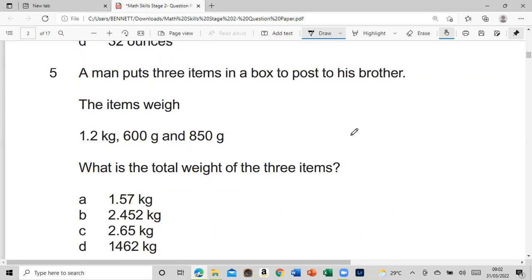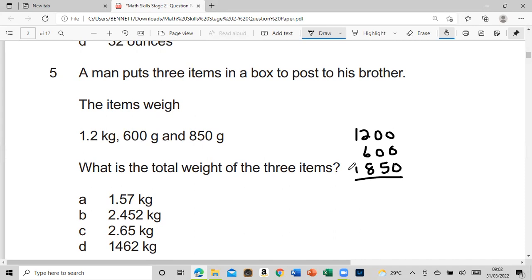Right. So 1.2 kilogram, we just multiply by 1,000. So that would give us 1,200 gram, 600, and then 850. So we add this.